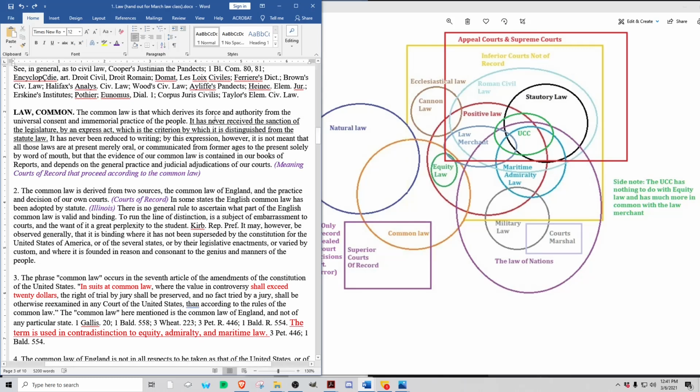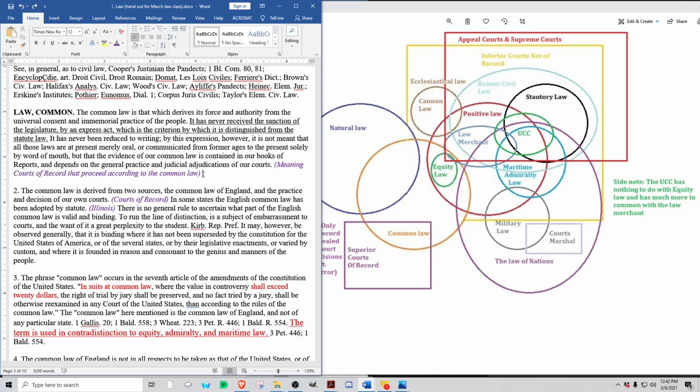Now, it says here it's never received the sanction of the legislature by an express act. Well, there have been ones since this was written in 1859 that do state that. And I've covered that before in some of the free classes, particularly the class we did not all that long ago regarding traffic and the right to travel.